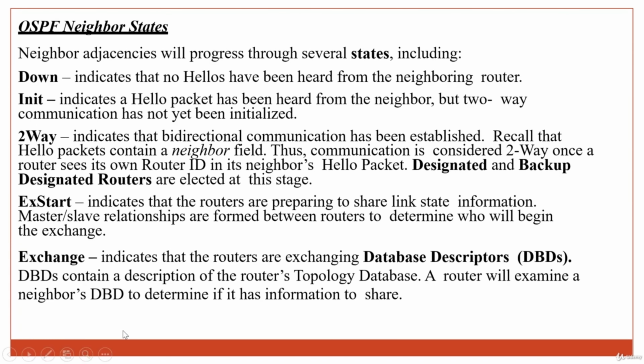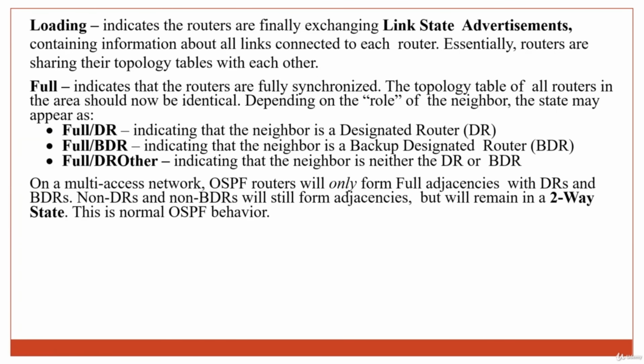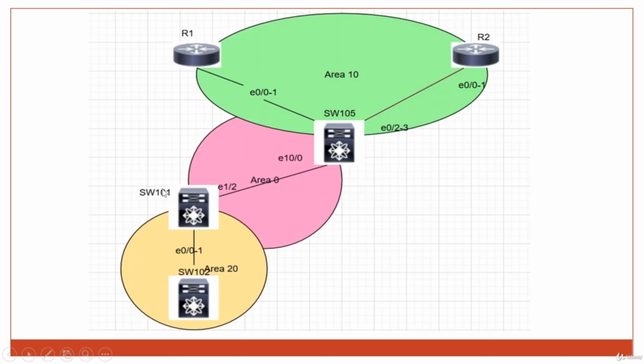That means all the DROthers will be stuck at the two-way state; they will not have the full authority to exchange the databases. Correct? All right, so we have a small lab topology.